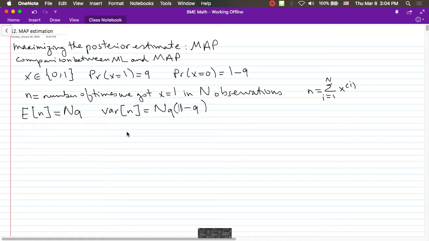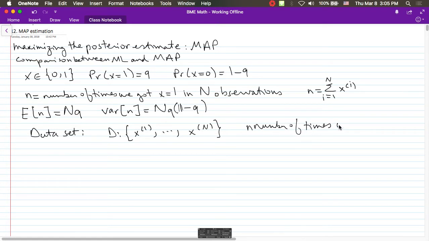Okay, so we have some data set that we have observed. And our data set looks like this. So in this we have n number of times when x was equal to 1.